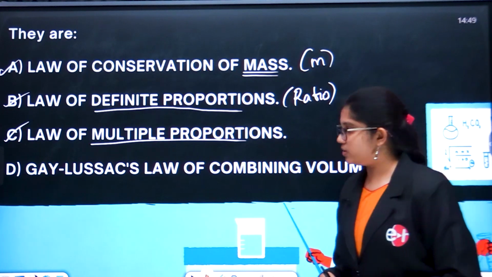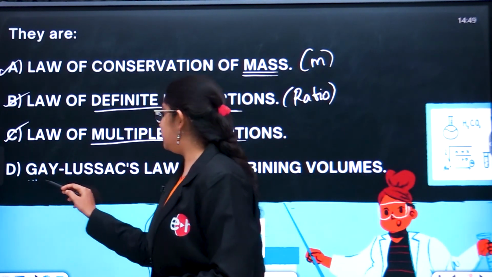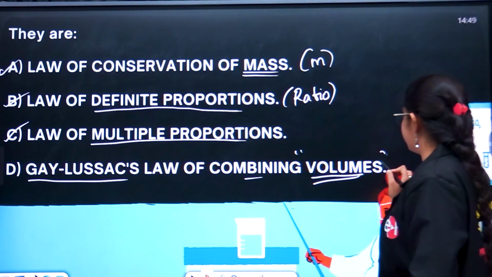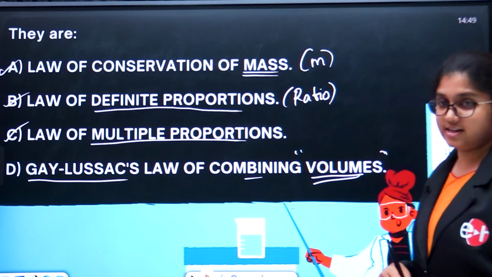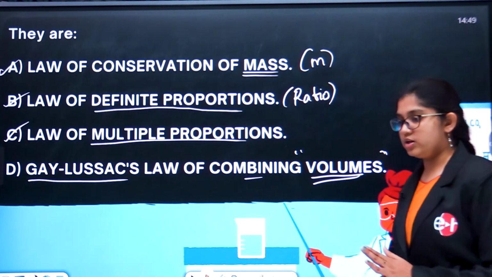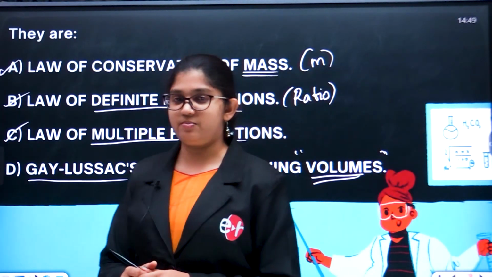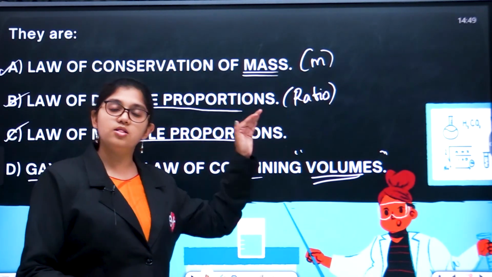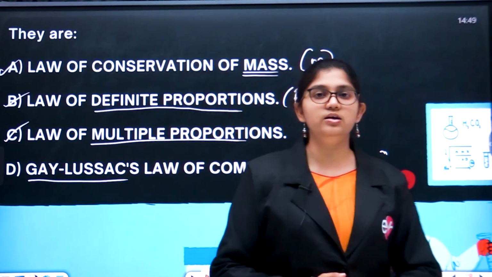Okay, next we have the D, that is Gay-Lussac's law of combining volumes. You know what volume means? Yes. So Gay-Lussac's law of combining volumes, where we talk about volumes mainly in the gaseous state. We'll see that also in detail. In this chapter we are going to learn all the 4 important laws given by each scientist.